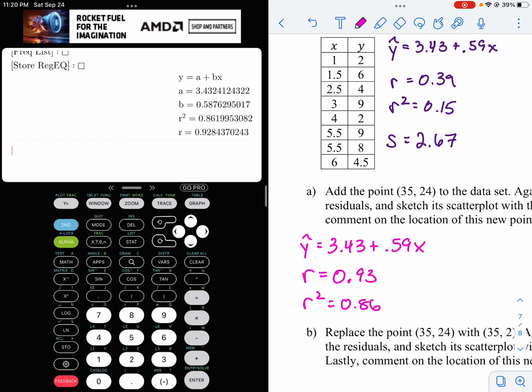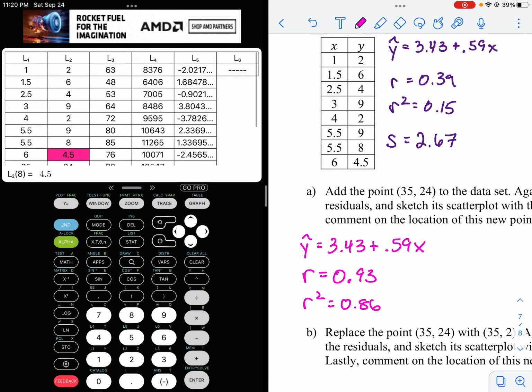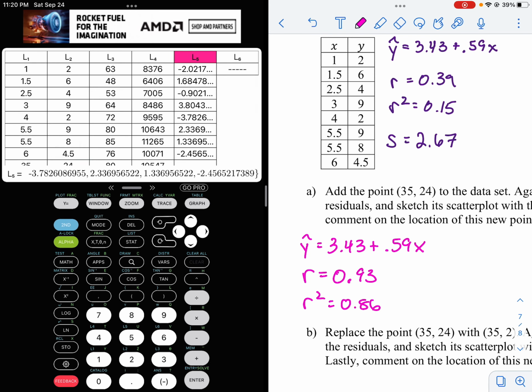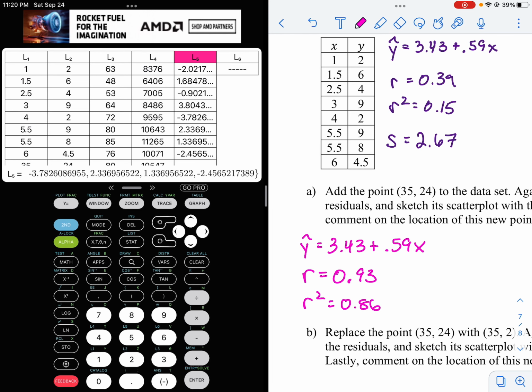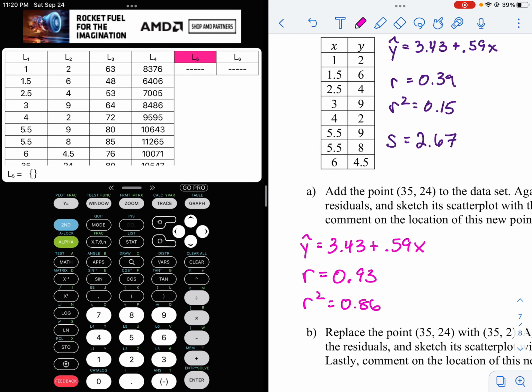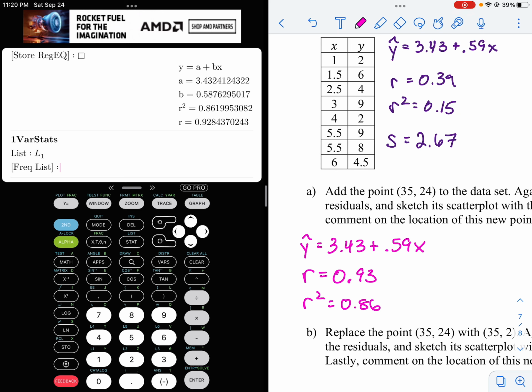And then if I quickly calculate my residuals again, and stat calc one variable stats on list 5.